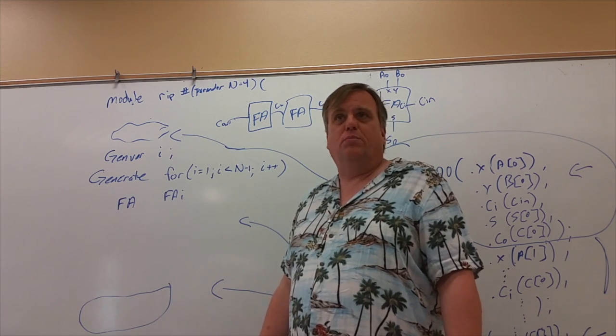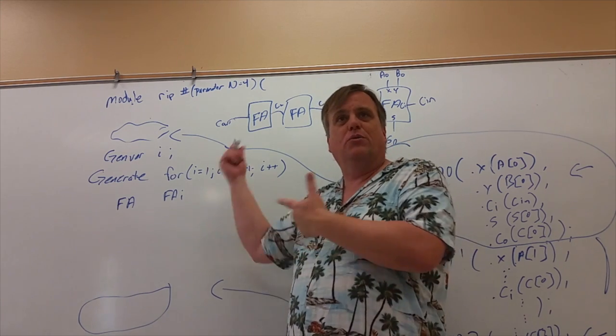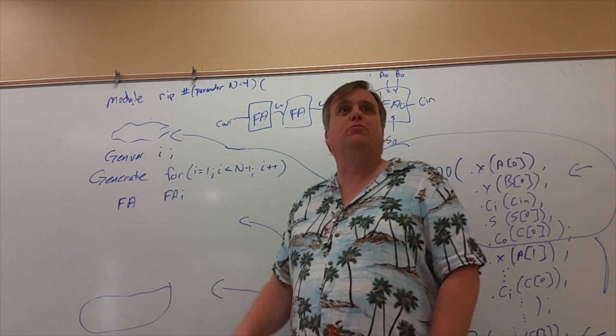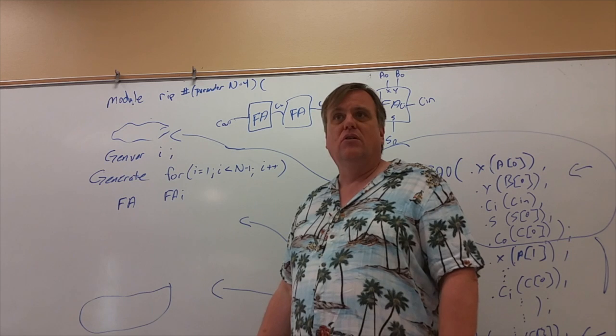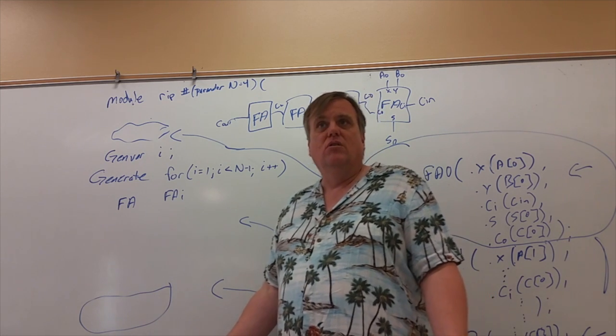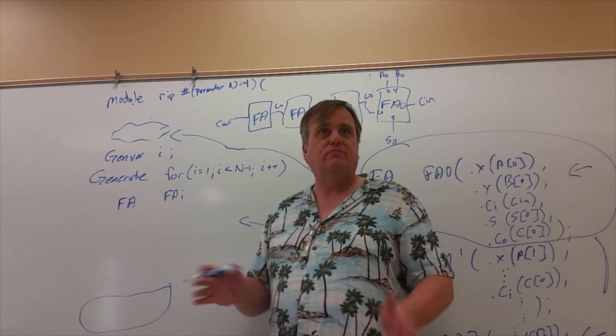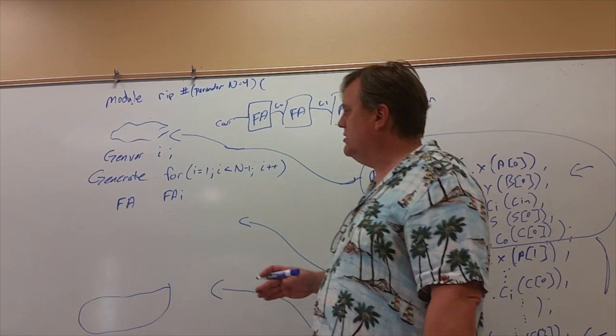You call it with a parameter size of 4, and you get a 4-bit ripple carry adder. You call it with a parameter 32, you get a 32-bit ripple carry adder. And I don't have to write anything new. That's a really very nice feature for us when we're building stuff.